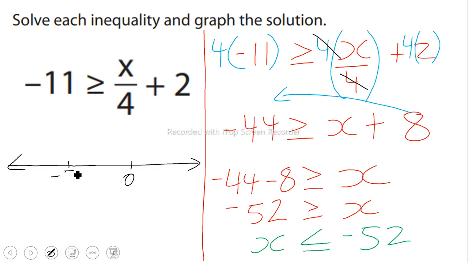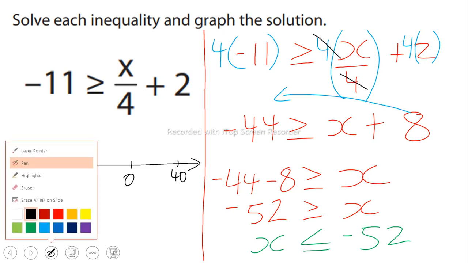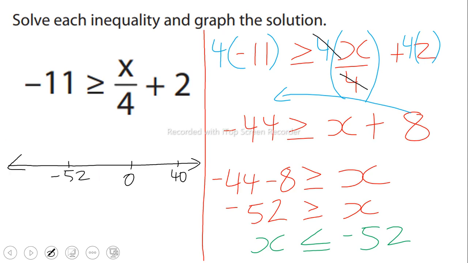Negative 52. Let's say that this is 40. And so we have a circle on top of the negative 52. And shade it in, right? Yes, shade it in because it's equal to. And so we're going to shade that in.